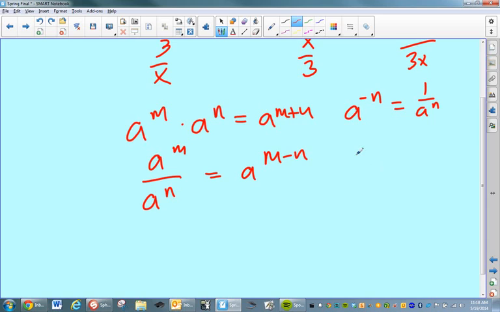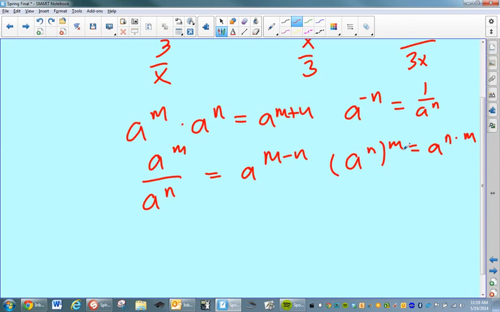And a to the n to the m equals a to the n times m. These are the big ones to know. Everything else is just an application.